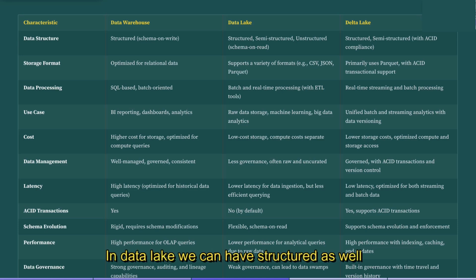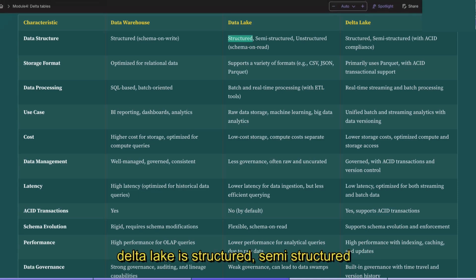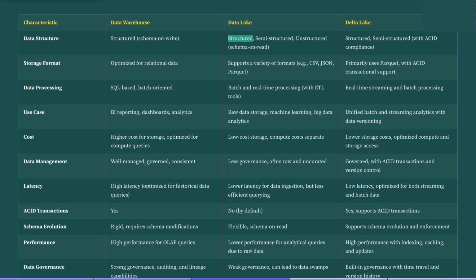In a data lake we can have structured, semi-structured as well as unstructured data. That is schema on read. And delta lake is structured and semi-structured, but with ACID compliance. ACID is a very important property for data manipulation. I'll explain ACID in an upcoming slide.